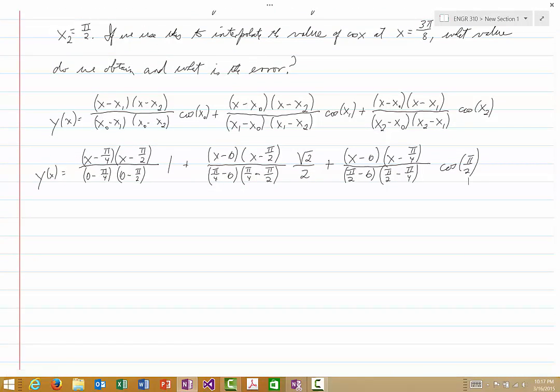And so I think that I'll go ahead and simplify this expression just a little bit, but I don't want to do too much work on this. I'll just leave it in the following form. Remember again, cosine of pi over 2 is 0. Actually, instead of writing cosine of pi over 2, we just go ahead and write 0 here.